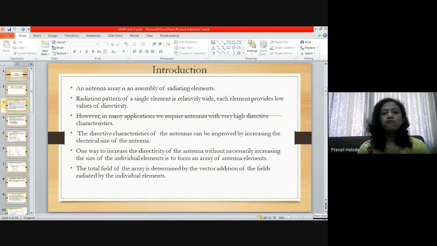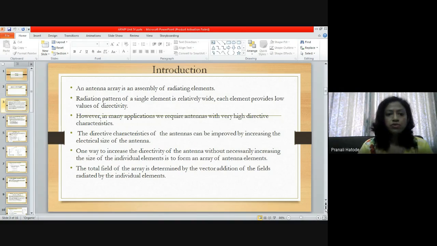It could be an array of rods, an array of aperture antennas, an array of slots in a waveguide, or it could be a planar array. Planar array means a number of microstrip patches developed on a substrate. These patches could be of any size, any shape, but with a specific distance between them and other related characteristics, which I will be explaining to you in detail.